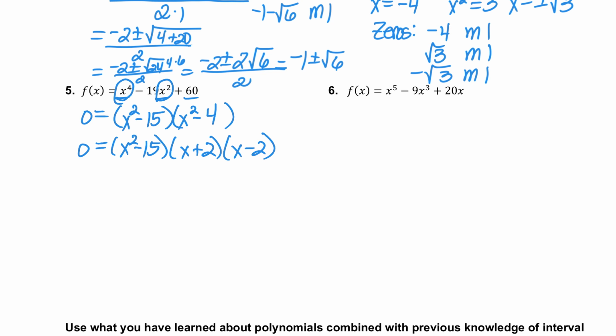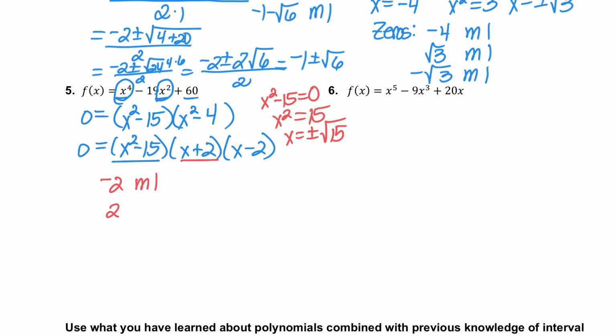Okay, so I can set this equal to 0 and solve. Let me change color for a minute. So that would be x squared minus 15 equals 0. So x squared equals 15. Take the square root of both sides, plus or minus the square root of 15. Okay, so on this one, my zeros are negative 2, that's from this one, with multiplicity 1.